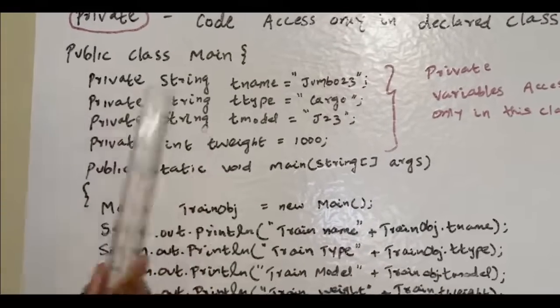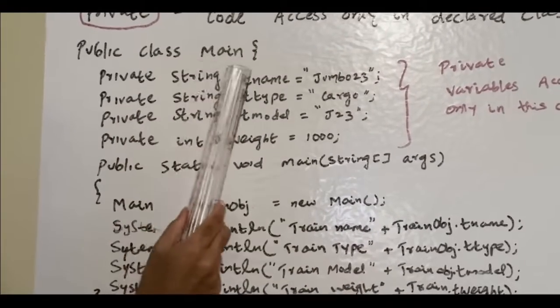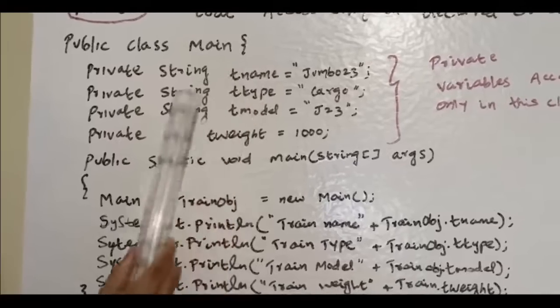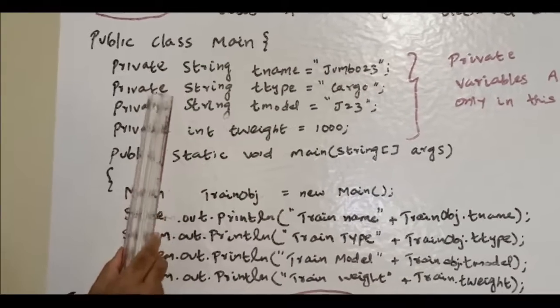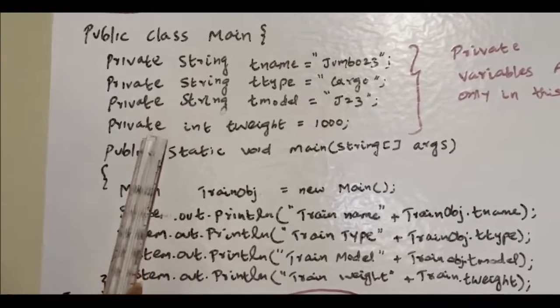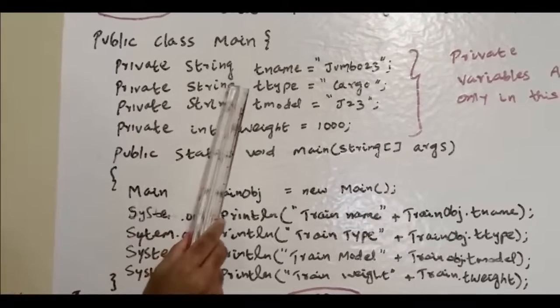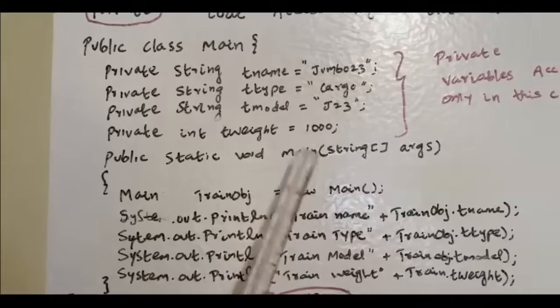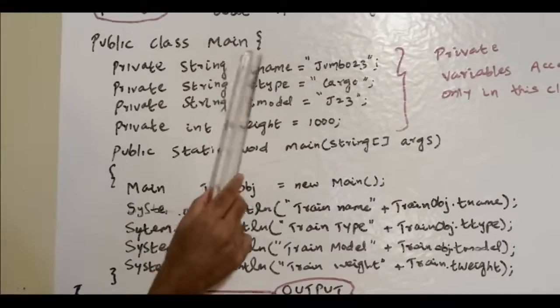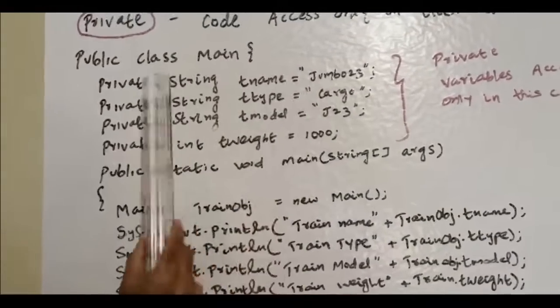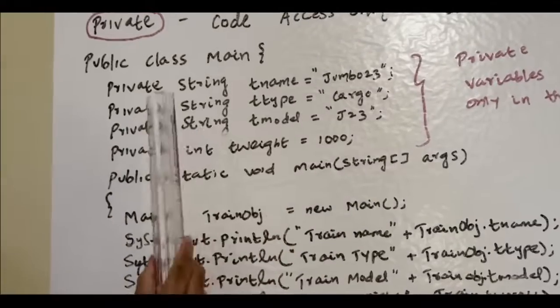For example, public class main. I am defining 4 private variables, string variables, which are local to this class only, main. For example, the passengers train.